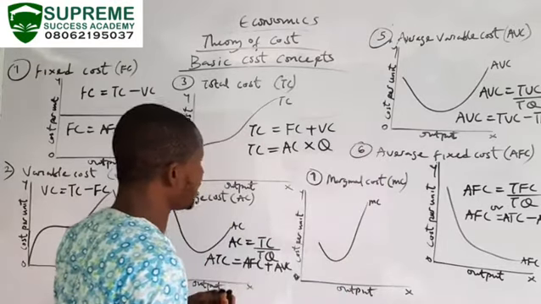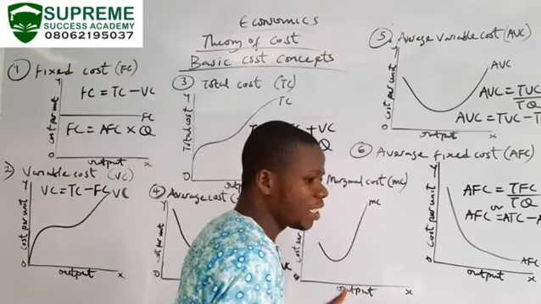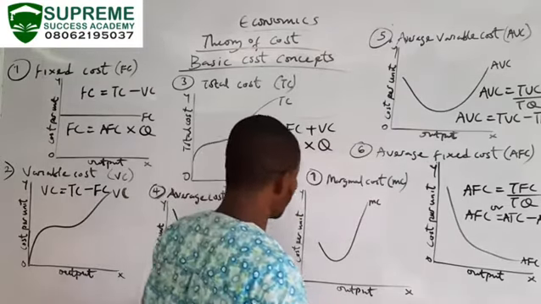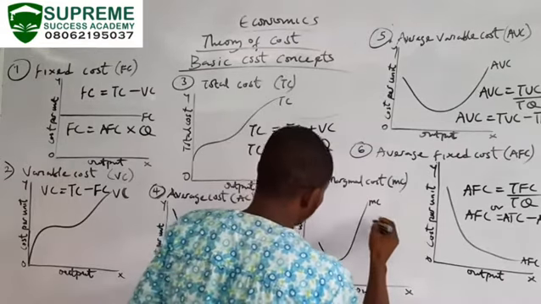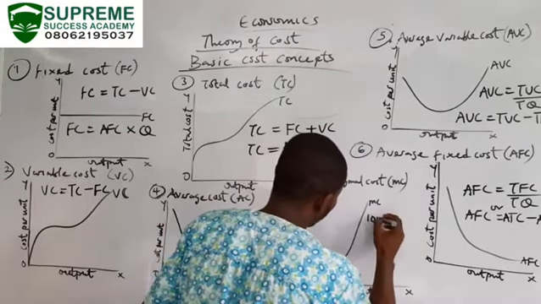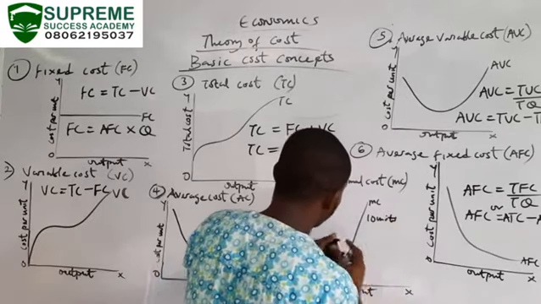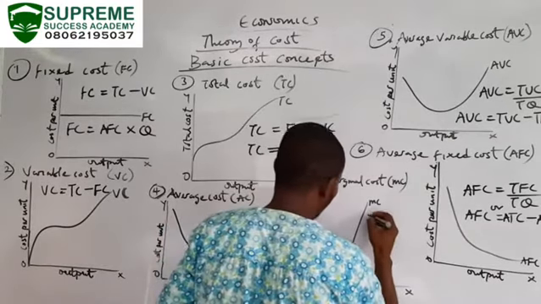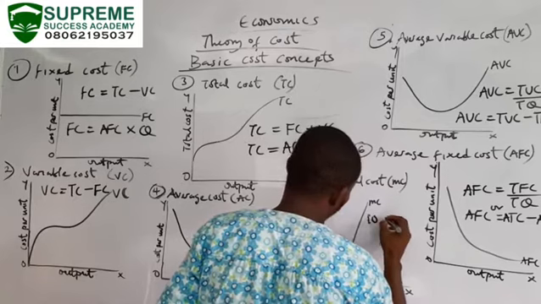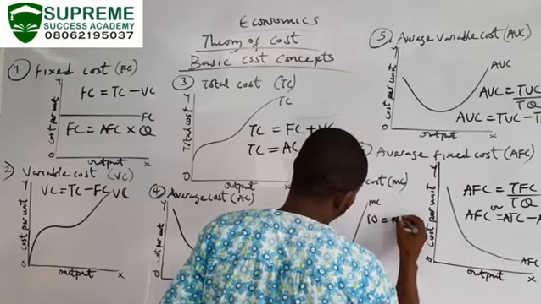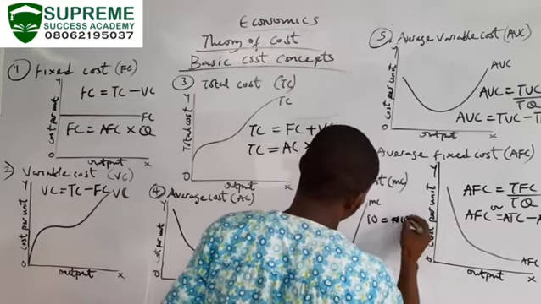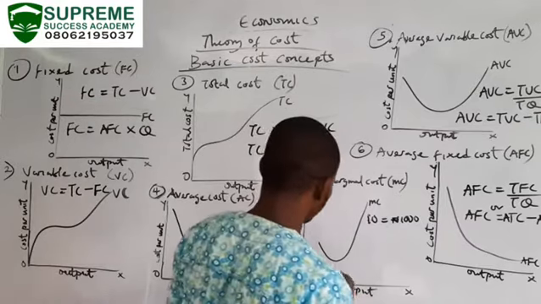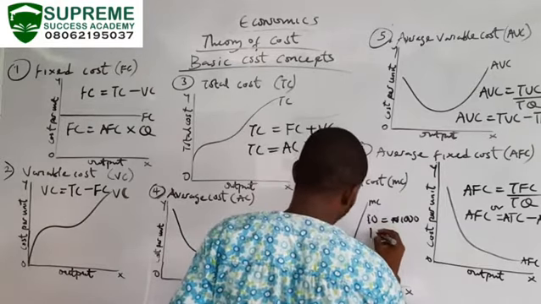Let me introduce a very simple example. A farmer produces 10 tubers of yam at a cost of 1,000 naira. The farmer now decides to produce one more unit.